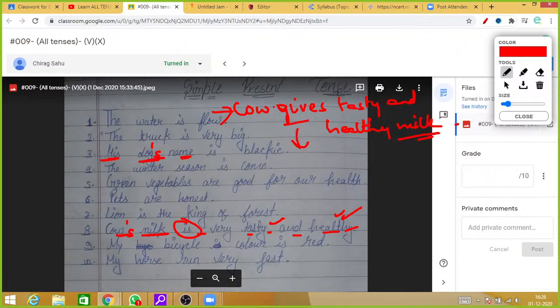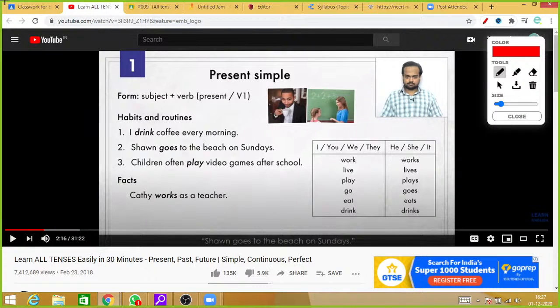Yes. So why did we put S here? Because we are talking about something else. Like in this, he, she, it. So cow is an it. So cow gives. And otherwise the normal tense would be give.